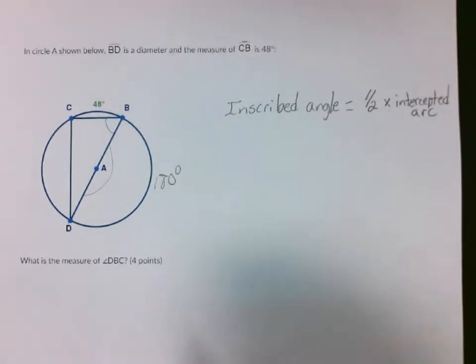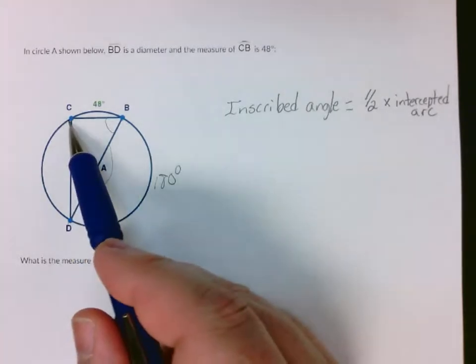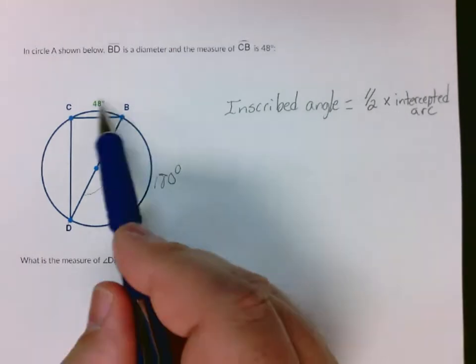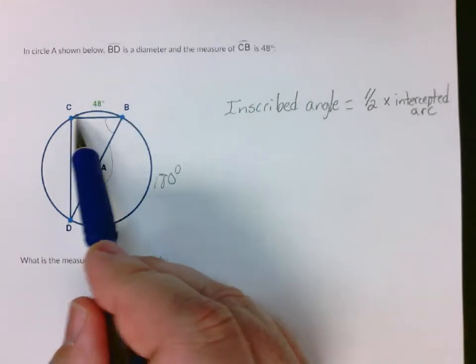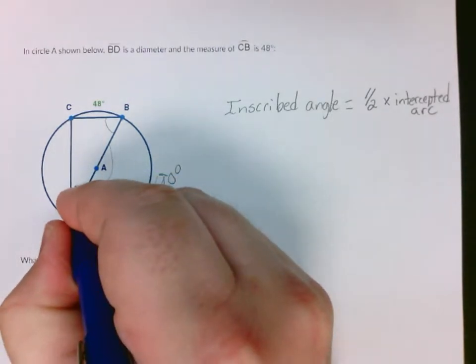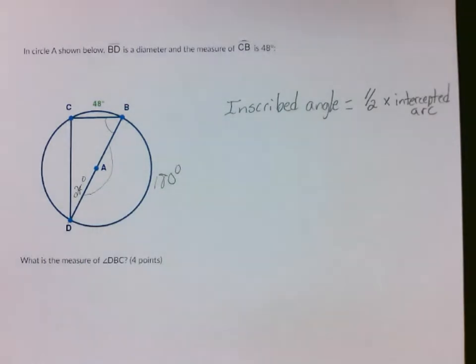Basically, that says this angle right here, CDB, is half the arc. This right here is 48, so half of that would be 24. I'm just finding extra things here. So that's 24 degrees there.